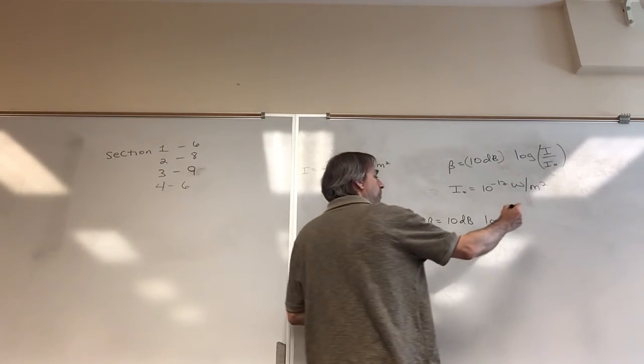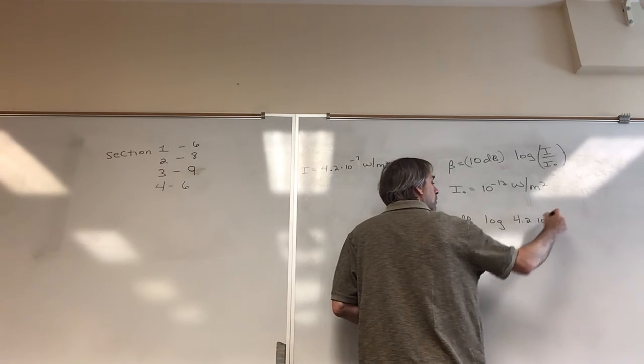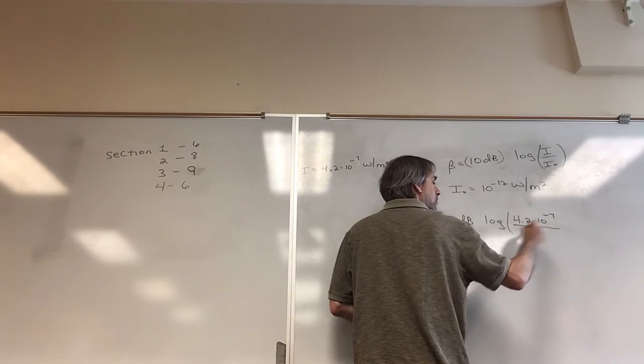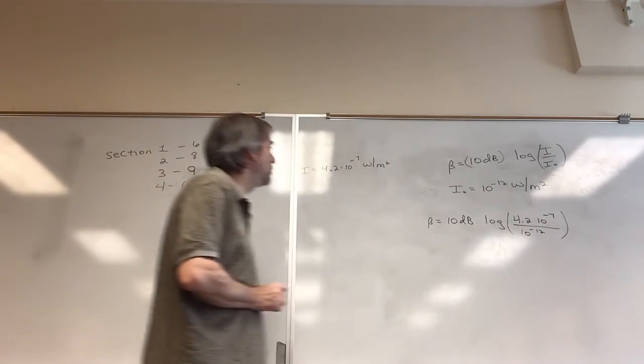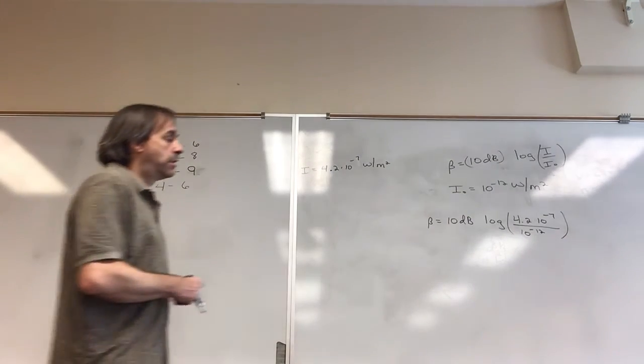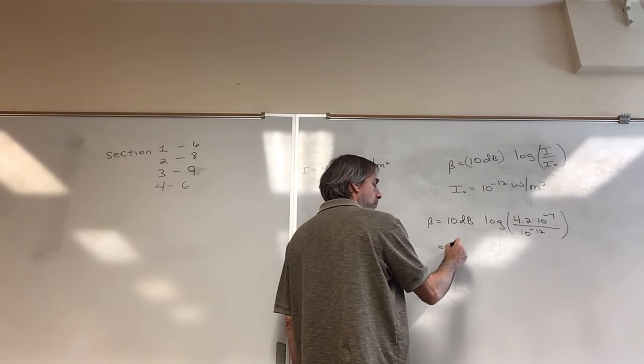So let's just plug in. I'm not going to put the units because they're going to cancel out. So if we just plug in I, we've got that. So let's work out this in the parentheses first.